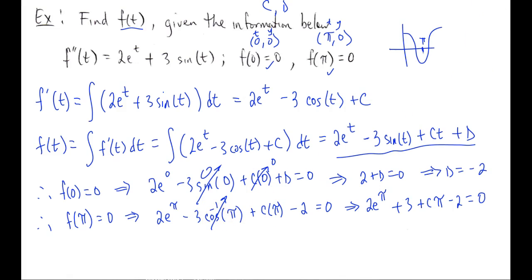So I'm going to erase all this and start this over. So at least get rid of this part. So this should be sine of pi, and that should be 0. And so that means all this will change as well.